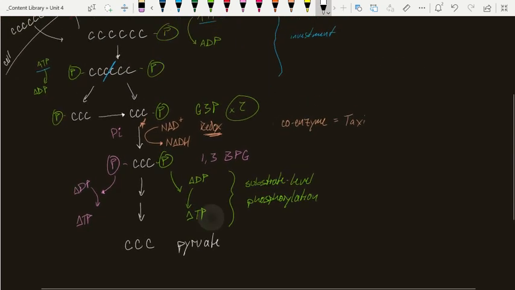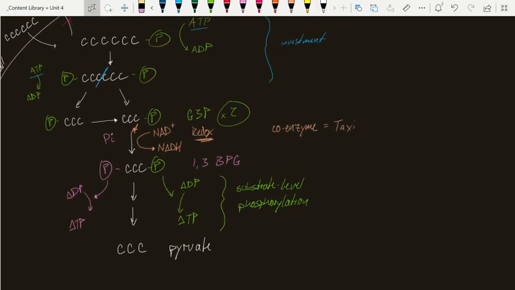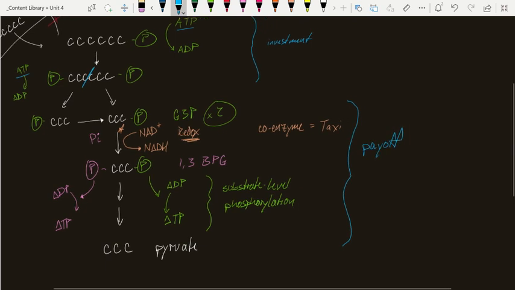So if we zoom out and look at the big process, we've got the investment phase early on. We've got the payoff phase here. The investment cost 2 ATP. Well, what do we get in return?